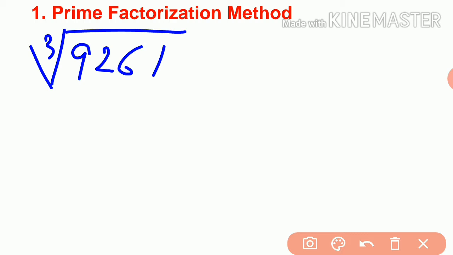So first of all we will factorize this number 9261.